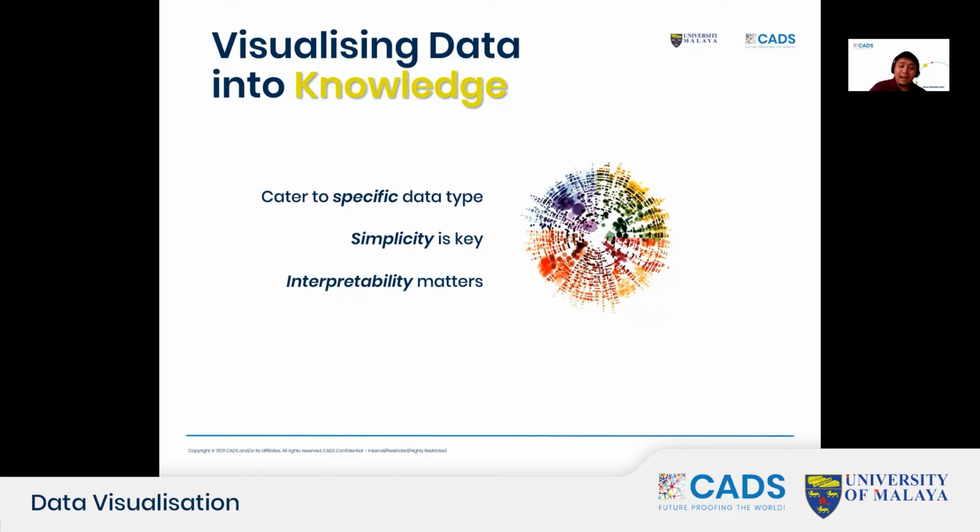And then the third one would be interpretability. It's to make sure that your audience is able to interpret the visual. When you make your visual, it is important to consider what kind of things your audience is comfortable looking at.